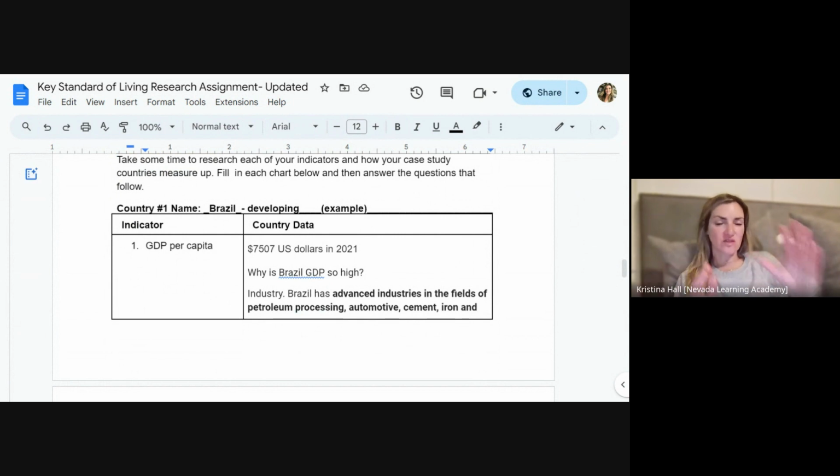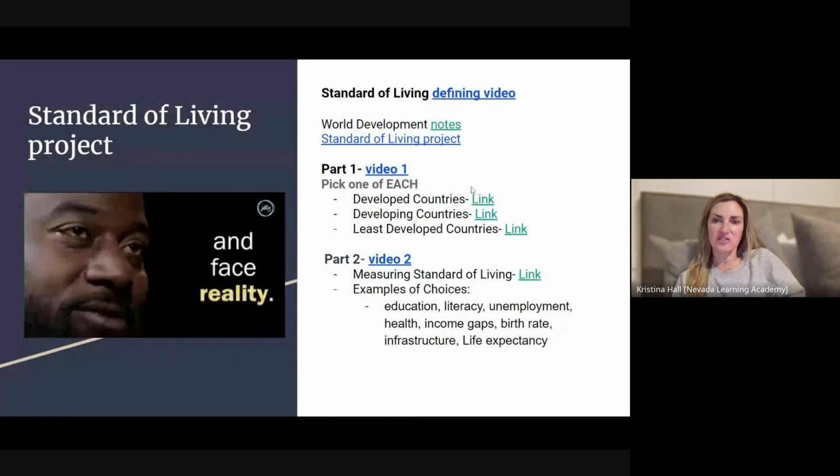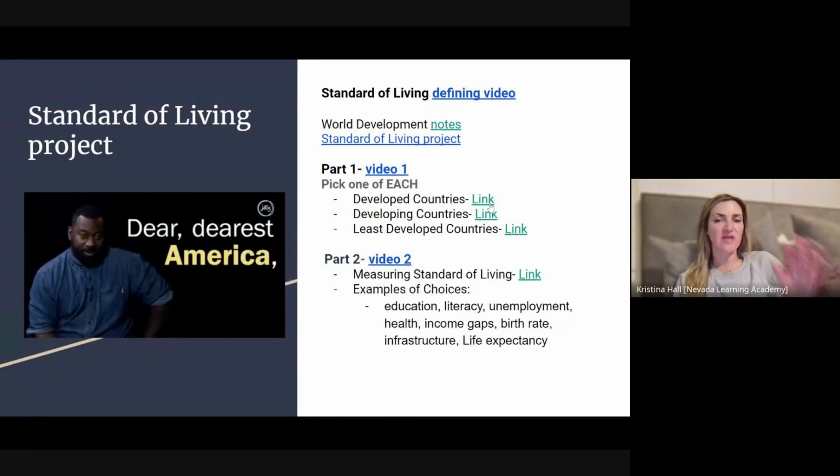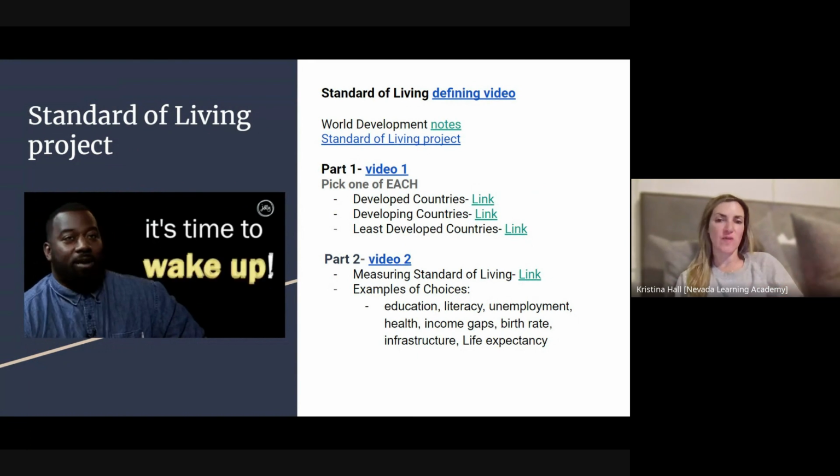You want to say not only the name of the country, but whether it is developed, developing, or underdeveloped. Remember, you need 1 from each category. So do not turn this in with United States, Canada, and Australia. Those are all developed, so you will lose a lot of points. You need 1 from each category, which we did in part 1, using those links. You can also find those on the lesson recording page if you need to go back.